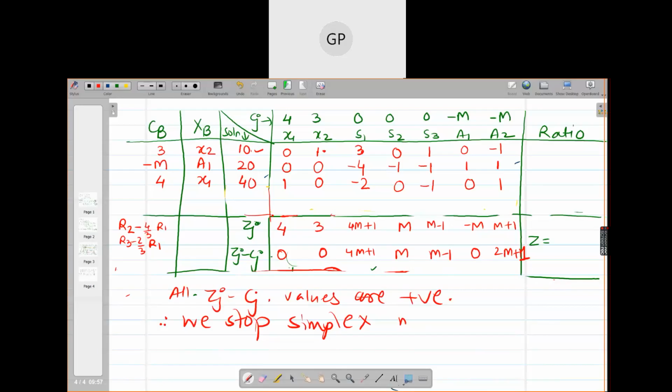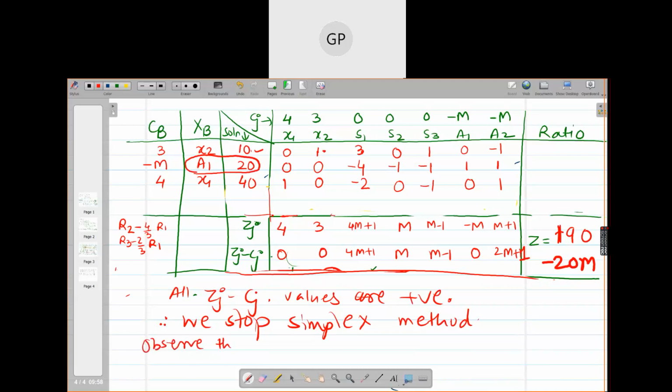So the answer of Z will be 160 plus 30, that is 190 minus 20m. Okay, but now what happens as the artificial variable is at positive level? Observe that artificial variable is at positive level.